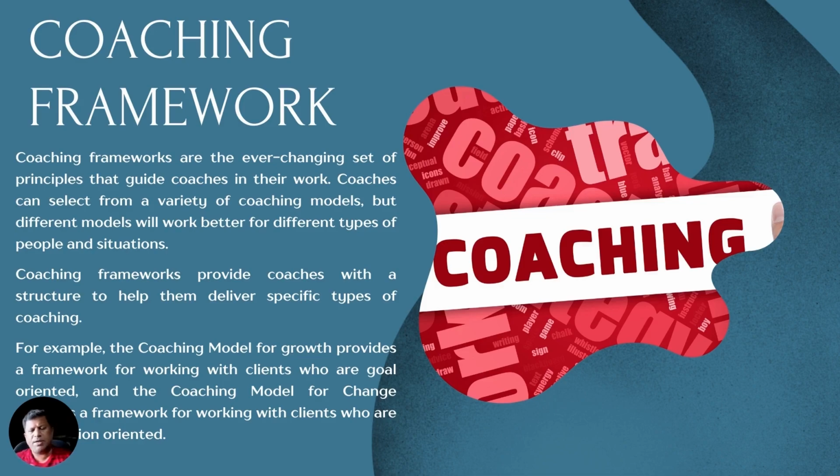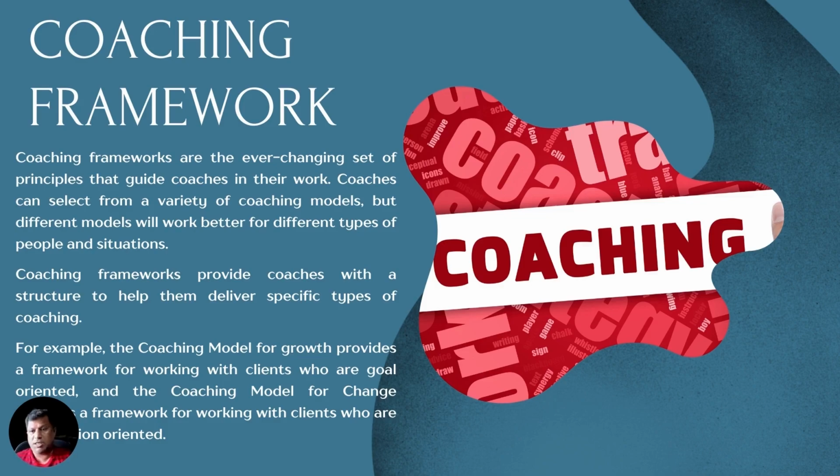And as I said, there could be at least 3 different types of coaching frameworks. One could be coaching for performance, maximizing performance, and that goes into creating high performance teams or high performance organizations. So you look at the high performance creation framework, right? Then there is coaching for growth, which I talked about, and you have the GROW model.